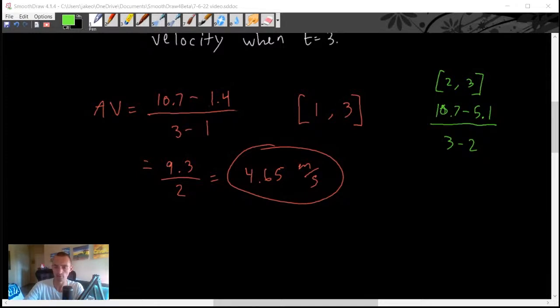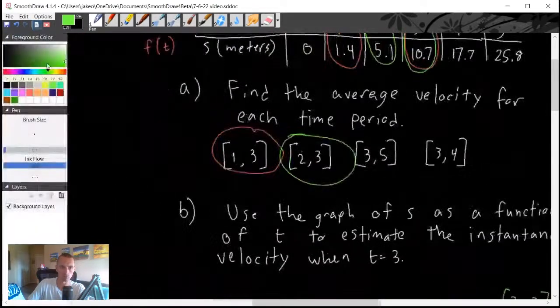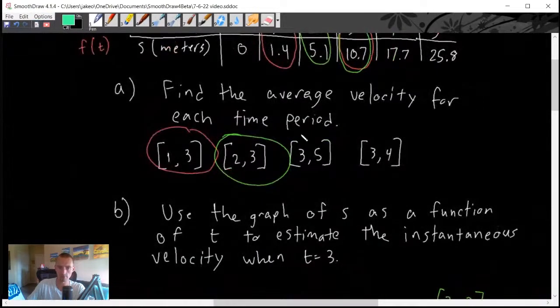Well, I guess it's really not that complicated because 3 minus 2 on the denominator is 1. So 10.7 minus 5.1 gives us 5.6 meters per second. Okay. So then we can do the same thing again for the interval from 3 to 5.